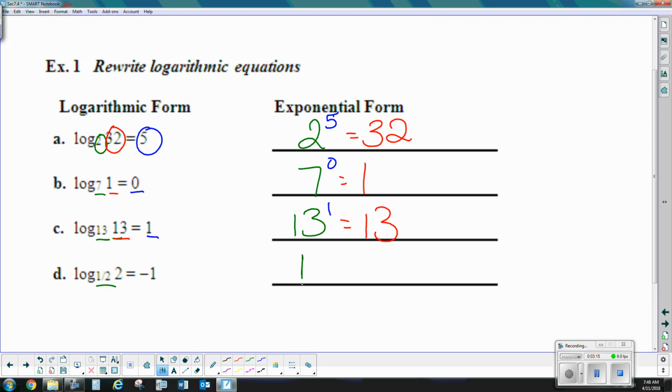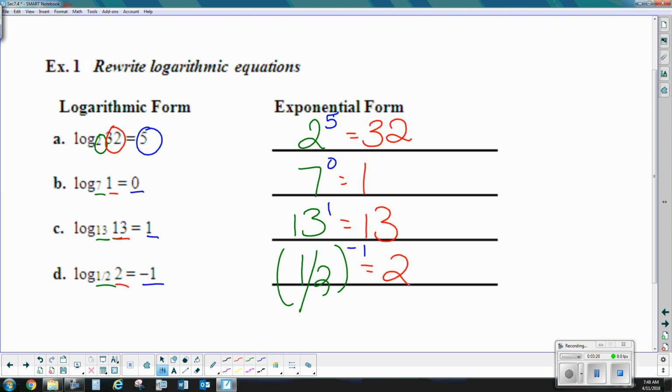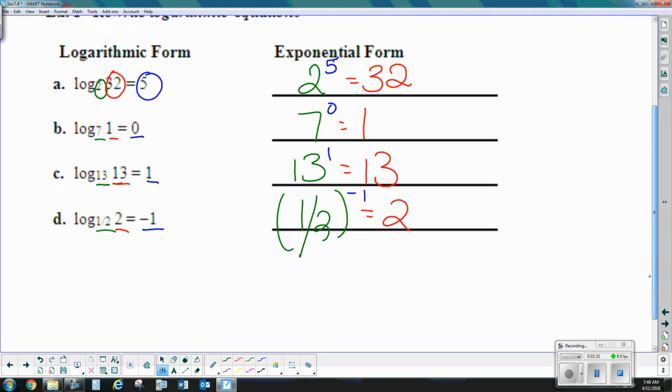And 1/2 to the negative first power equals 2. So for this last one, remember your properties of exponents.